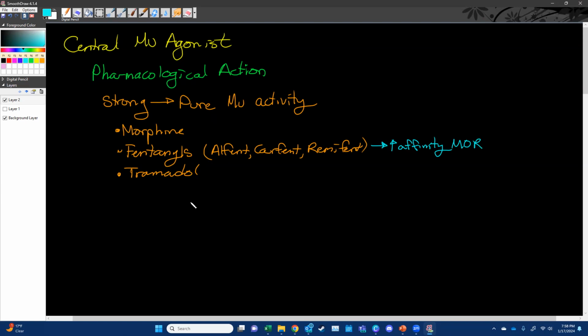Tramadol is comparatively similar to morphine, but it's also going to be releasing serotonin and norepinephrine. So we have a second mechanism of analgesia. So we're going to be able to activate the alpha-2 receptor. We're going to be able to activate the serotonin receptor, and that's going to add even more on top of what morphine would be doing.